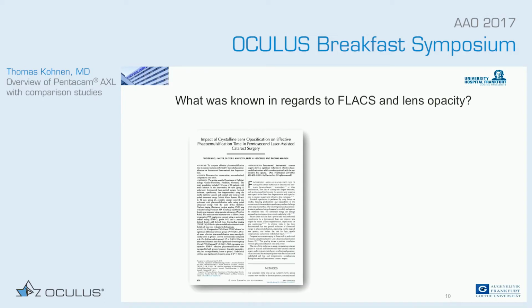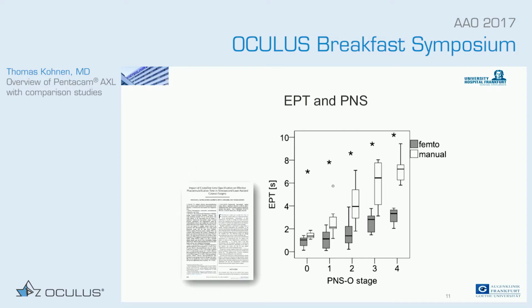We have also used this in femtosecond laser technology, FLEX, and lens opacification. This is a paper we published in the American Journal of Ophthalmology. What we found is that the Scheimpflug lens densitometry was a very good method to compare phacoemulsification energy versus phacoemulsification plus femto, or femto plus phaco.